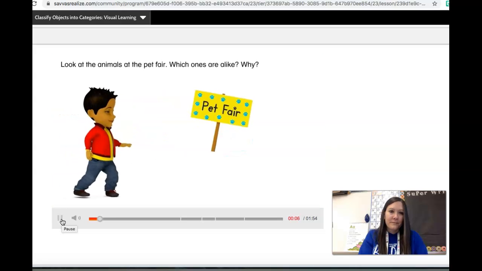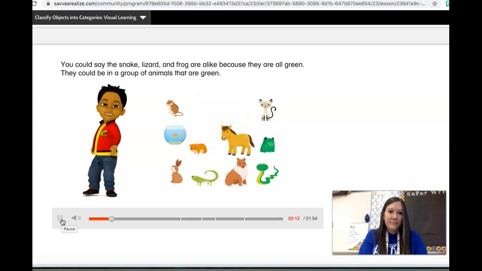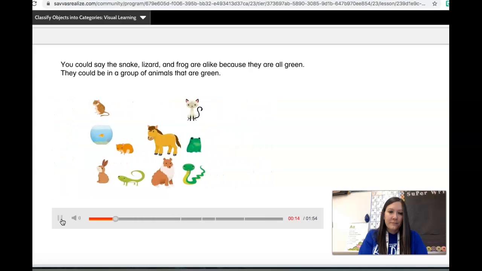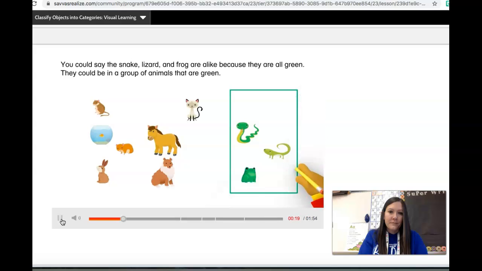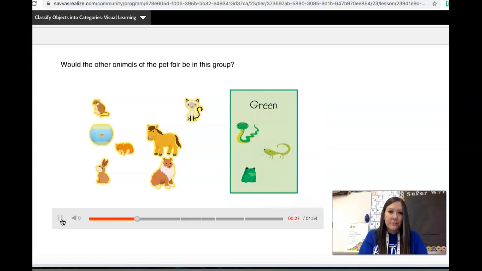Look at the animals at the pet fair. Which ones are alike? Why? You could say the snake, lizard, and frog are alike because they are all green. They could be in a group of animals that are green. Would the other animals at the pet fair be in this group?